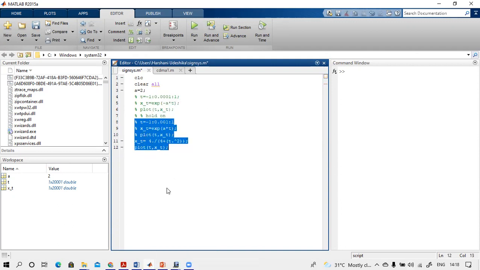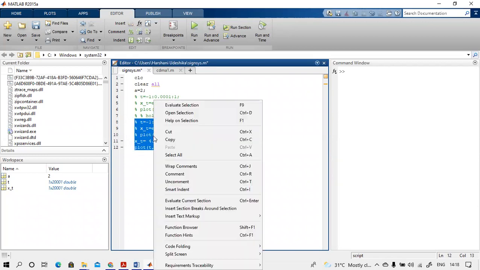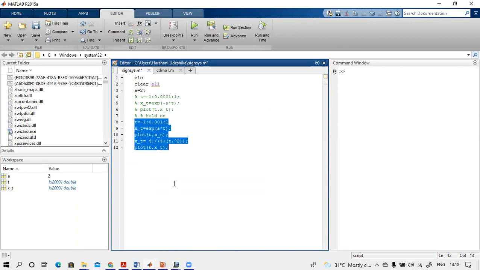If we draw the signal with t from minus 1 to plus 1 with a 0.001 step, I am going to plot e to the power at.